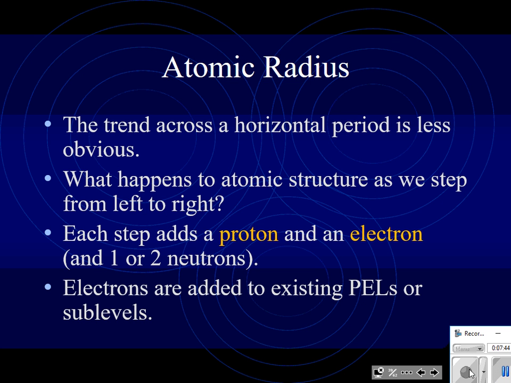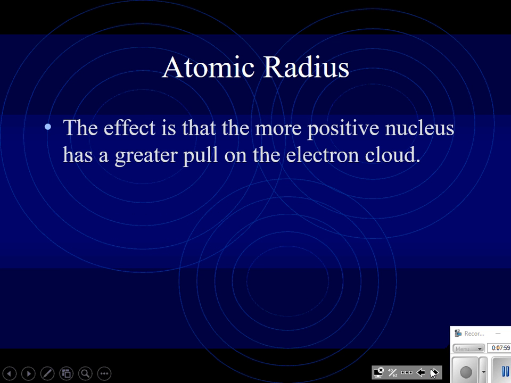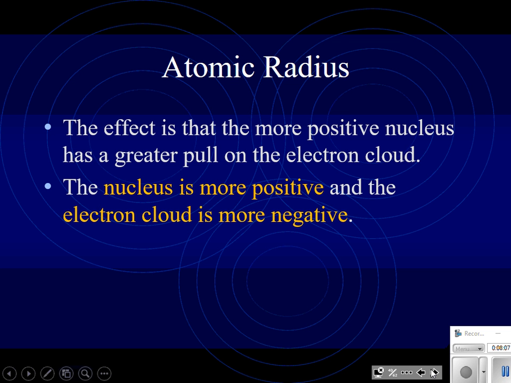So as we're going from left to right across your periodic table, each element we're adding a proton and an electron, and could be anywhere from 1 to 2 neutrons. The effect is that as we are getting more positive, it is pulling on the electron cloud, because those electrons are negative.